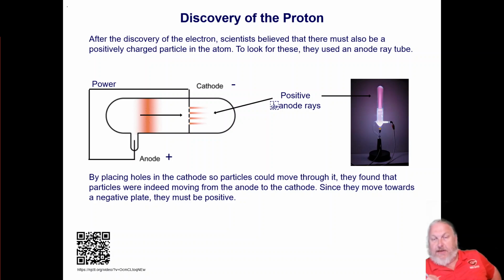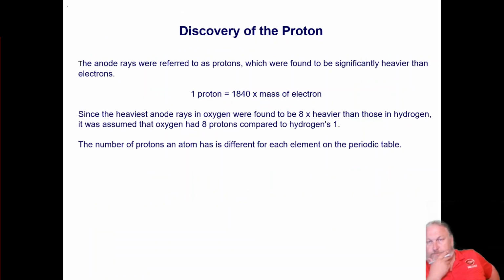They did find that the particles were indeed moving from the anode, the positive pole, to the cathode, the negatively charged one. So since they move toward the negative plate, they must be positive. The anode rays they called protons, and these were found to be much heavier than electrons.